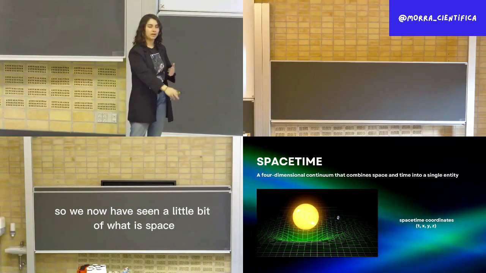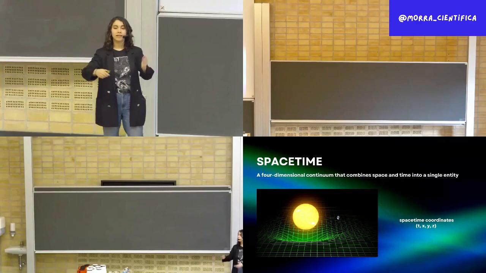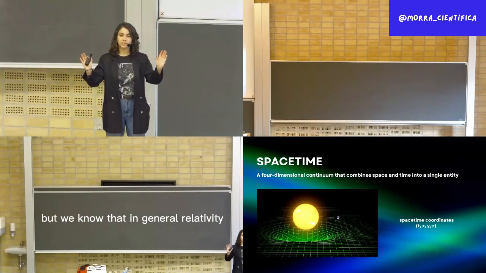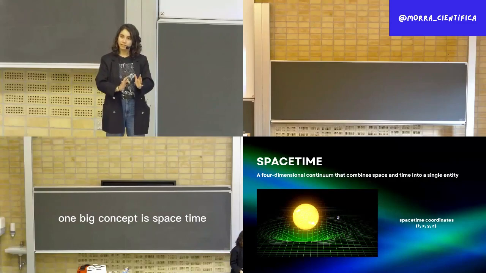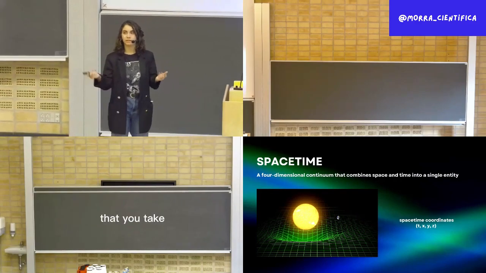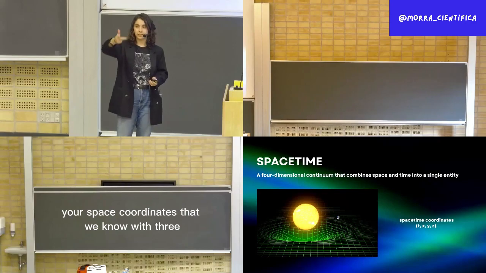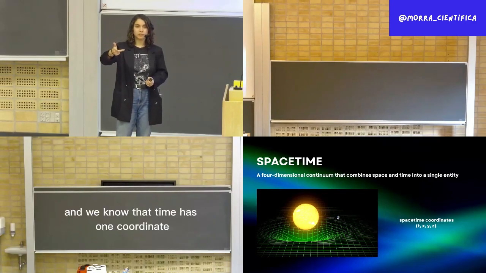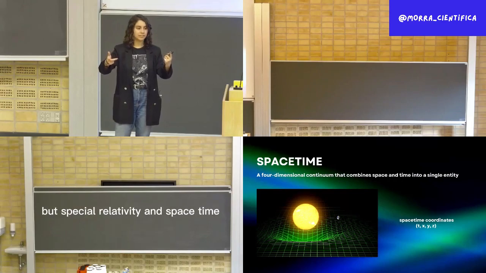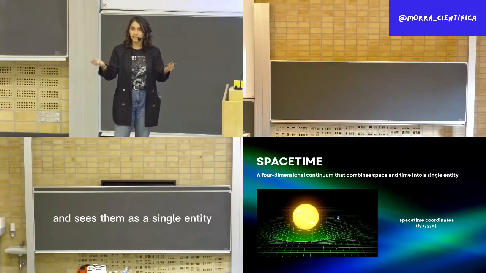So we have now seen a little bit what space is and how big space is, and a little bit about time. But we know that in general relativity, one big concept is space-time. It is a four-dimensional continuum: we know space has 3 coordinates and time has 1 coordinate, but special relativity fuses them together and sees them as a single entity.